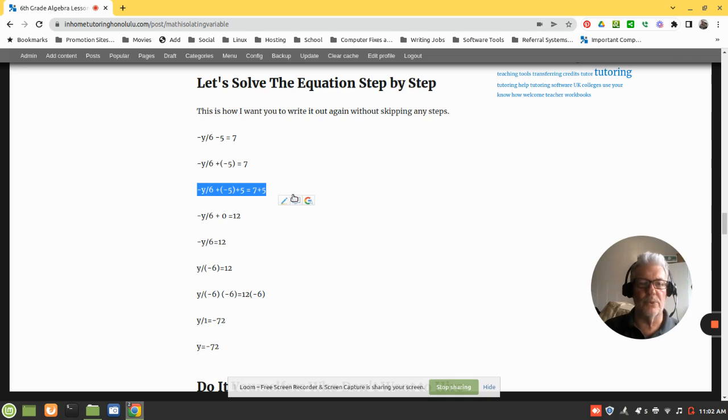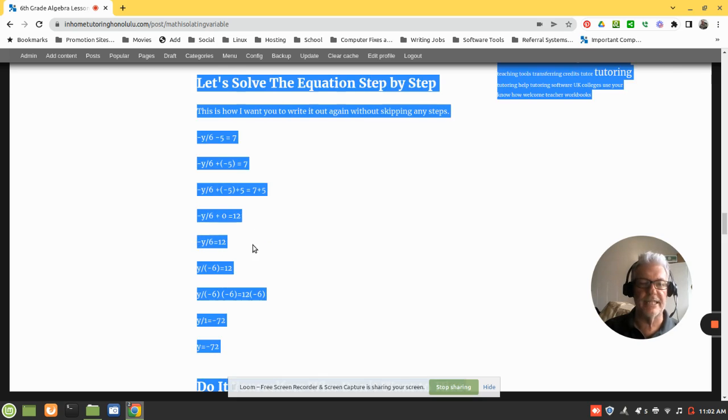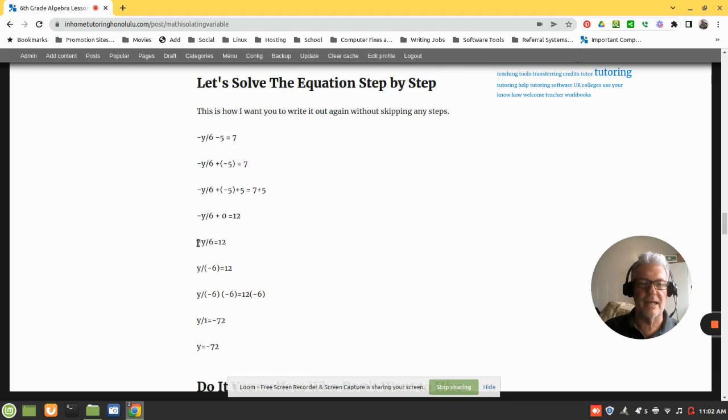Now we know that negative 5 plus 5 is 0, and 7 plus 5 is 12. That leaves us with negative y divided by 6 equals 12.